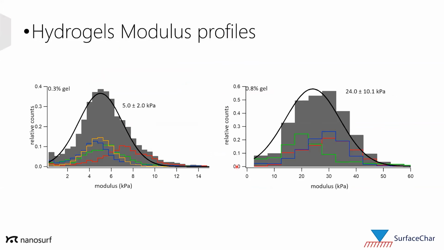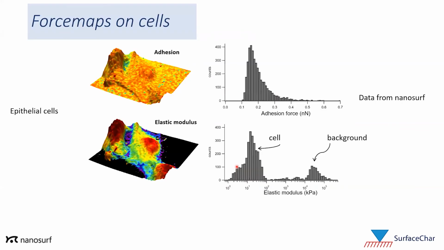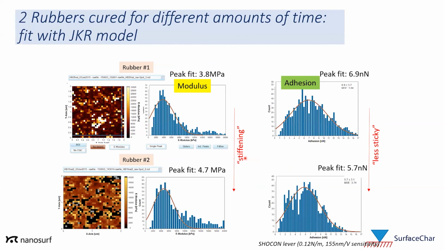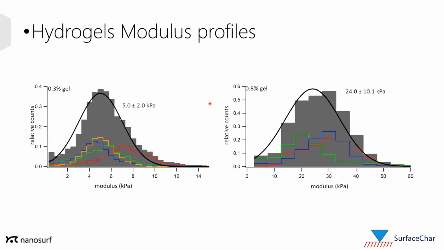Hydrogels are very soft. Let me just stress, look at the moduli that we're measuring here. We're in the kilopascal range. Again, soft materials appropriate for AFM. I also want to stress that these rubbers are in the low megapascal region, again more in the AFM regime of operation.